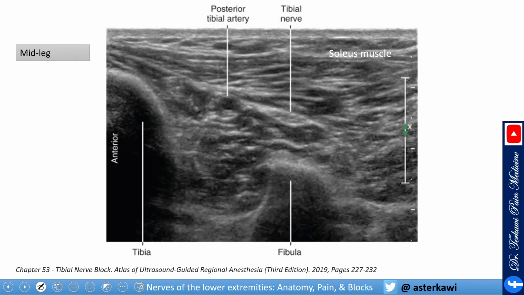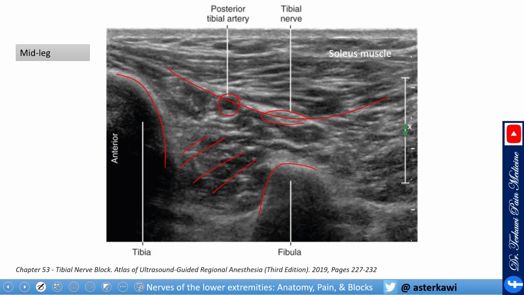You can go down here about mid leg. So remember the soleus muscle, and you will see the tibia anterior, the fibula posterior. This is the muscle, the tibialis posterior. And again, look for the posterior tibial artery, and usually the nerve is running close to it. So you can block it at this level as well, based again on the symptoms.